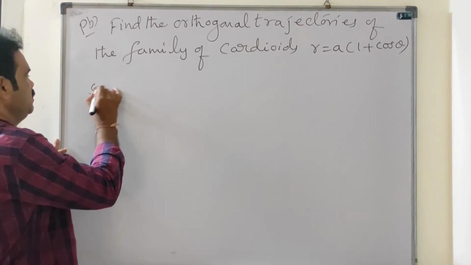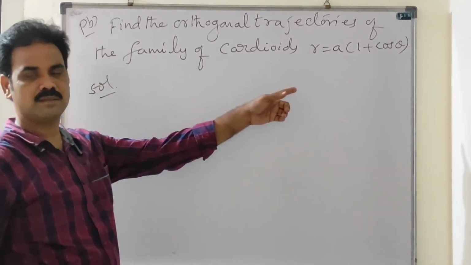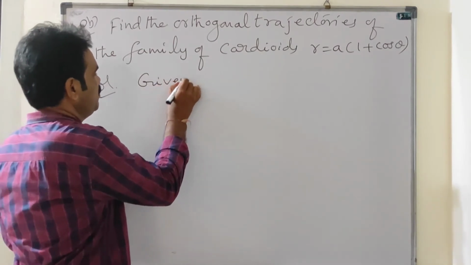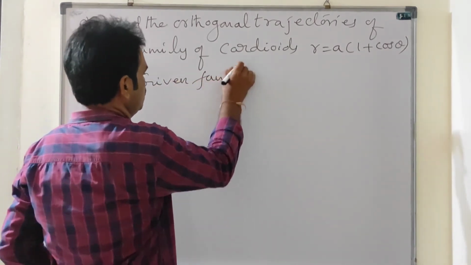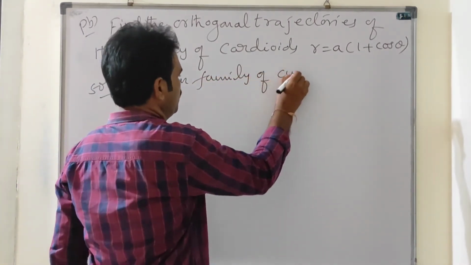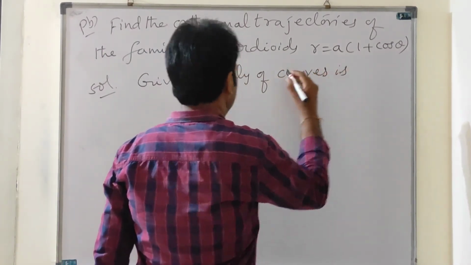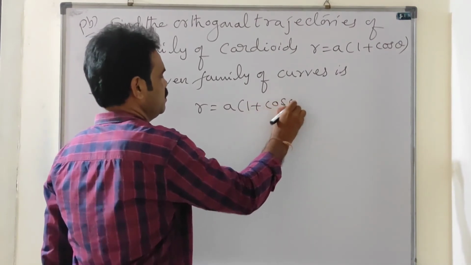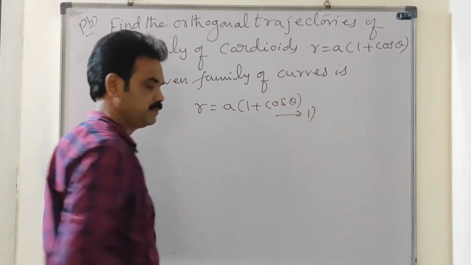Okay, these curves are known as cardioids. Given family of curves, a family of cardioids, is r equal to a into 1 plus cos theta. Let it be equation 1.